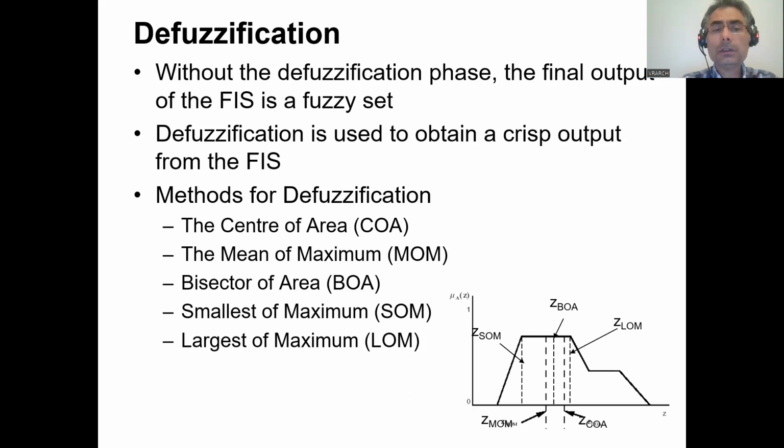And there are different methods for defuzzification. So the center of area, the minimum of maximum, bisector of area, smallest of maximum, largest of maximum. So these are the 5 main defuzzification methods used in this field. But the main one is the center of area.